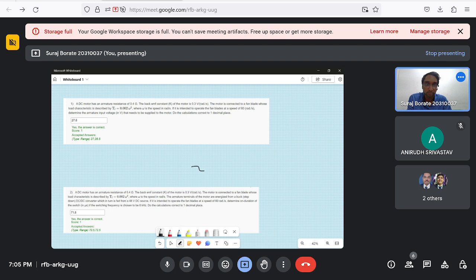If you see the previous example, what we get? 27.6, right? So can we put that 27.6 over here or not? Everything is same.